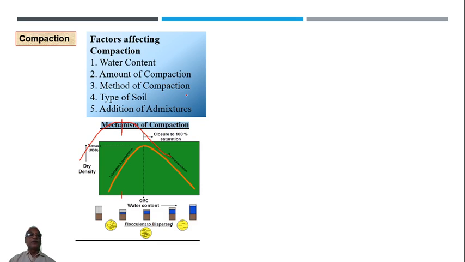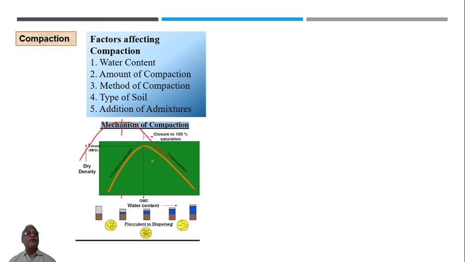Now, the method of compaction. There are a lot of methods we are going to study. In the laboratory, we have only two: the standard Proctor test and the modified Proctor test. But when you go to the field, there are a number of ways. You might have seen rollers rolling the soil, but there is a variety of rollers, and other ways of compacting soil that we'll discuss in detail.